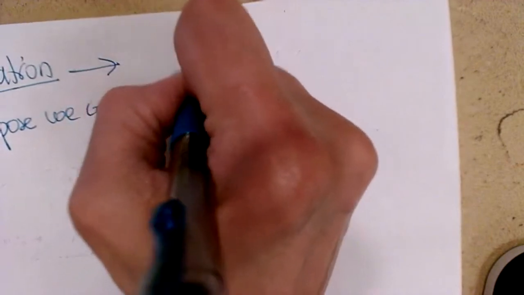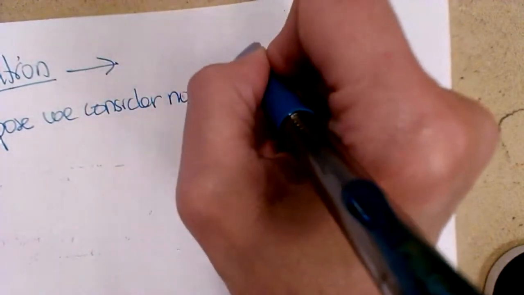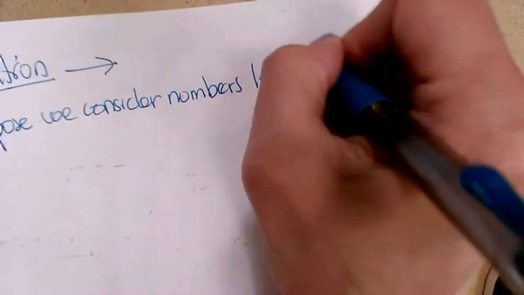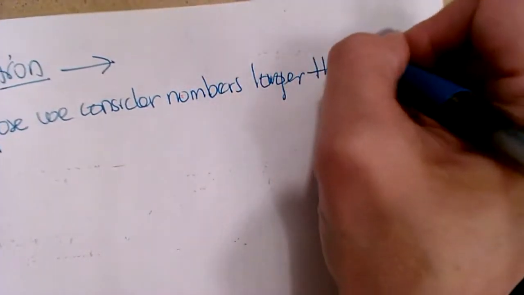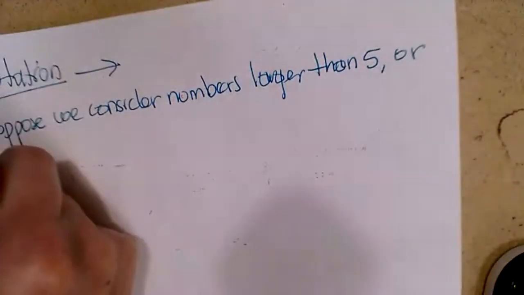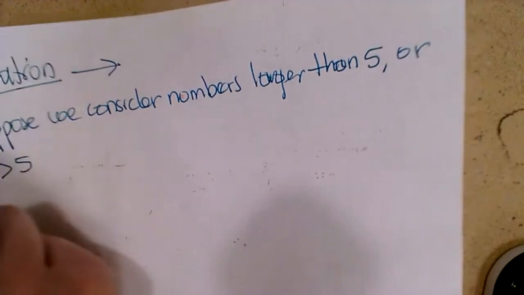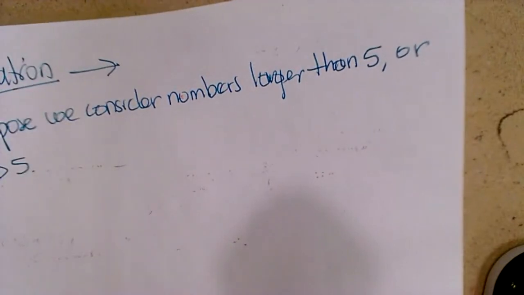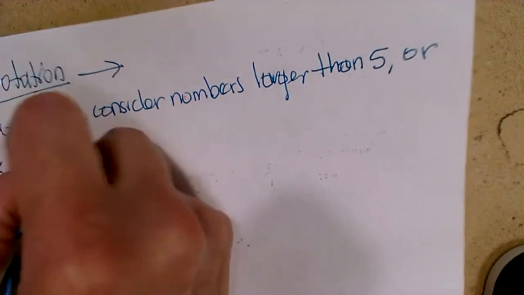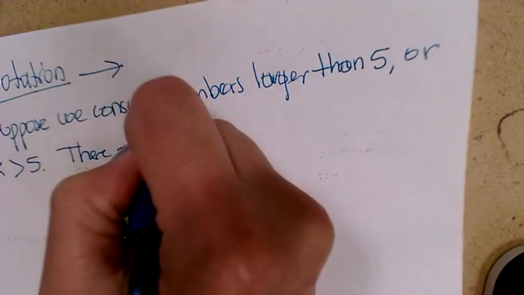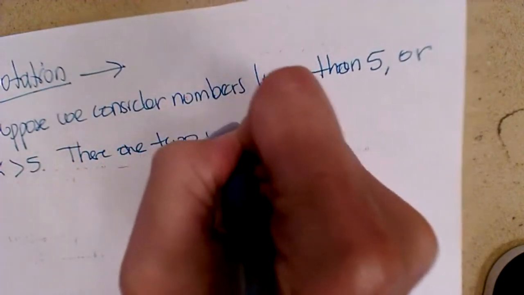Suppose we consider numbers larger than 5, or we said x greater than 5. Let me write this down. Okay, so there are two ways we can write this.